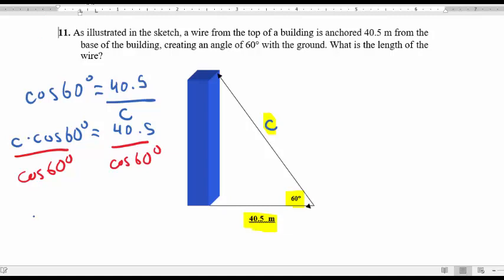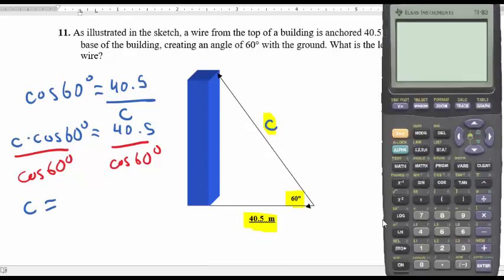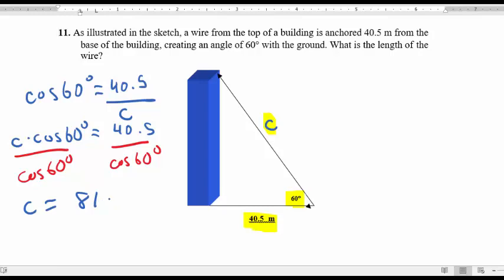So you end up with c is approximately equal to 40.5 divided by the cosine of 60, and 40.5 divided by the cosine of 60 is exactly 81 meters.